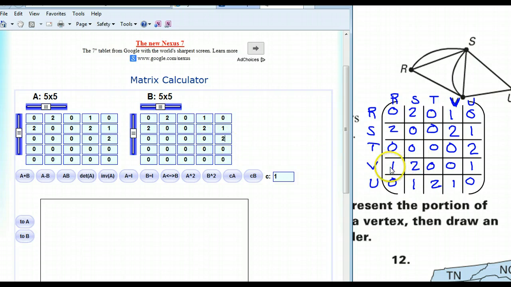The next one is 1 2 0 0 1. And then 0 1 2 1 0.